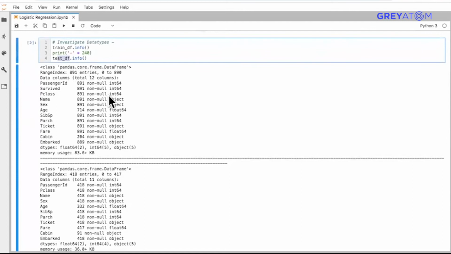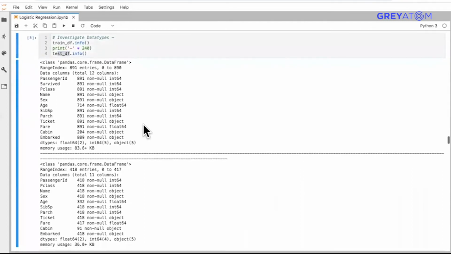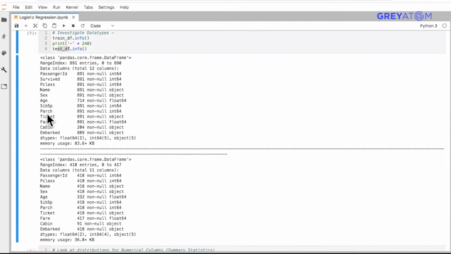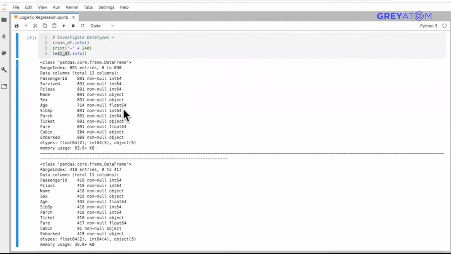So their data types match. Just looking at the info for the different columns: PassengerId is integer. Sex is an object. Object means it's a class like 1 or 2, rather than a factor. There's an integer. The fare is in decimals, so float.